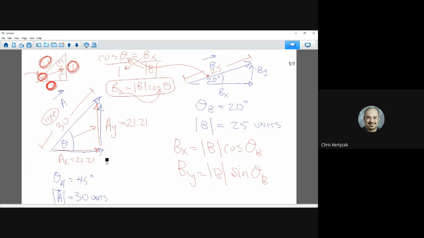And if we similarly did the same thing for the sine, the definition of sine is opposite over hypotenuse. Opposite is technically By over the hypotenuse, which is the length of the vector. With the same cross multiplication, you get By times 1 is By, magnitude of B sine theta. This is shown in your textbook as a general format that you use for finding components.